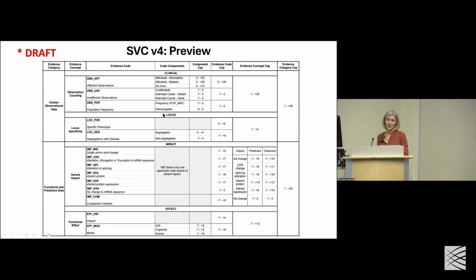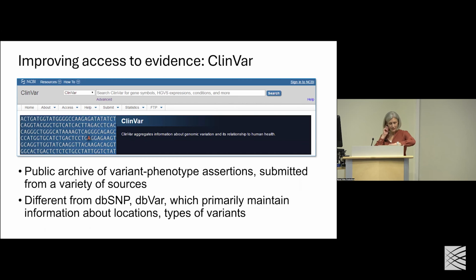And it's going to be a points-based system in the future, which is great, actually, for us in terms of the 2015 guidelines. It's very difficult if you have conflicting pieces of information, both pathogenic and benign, to decide how to integrate that together. But in this points-based system, you will have some positive points, some negative points on the benign side, and you can just add those together to end up at a final classification.